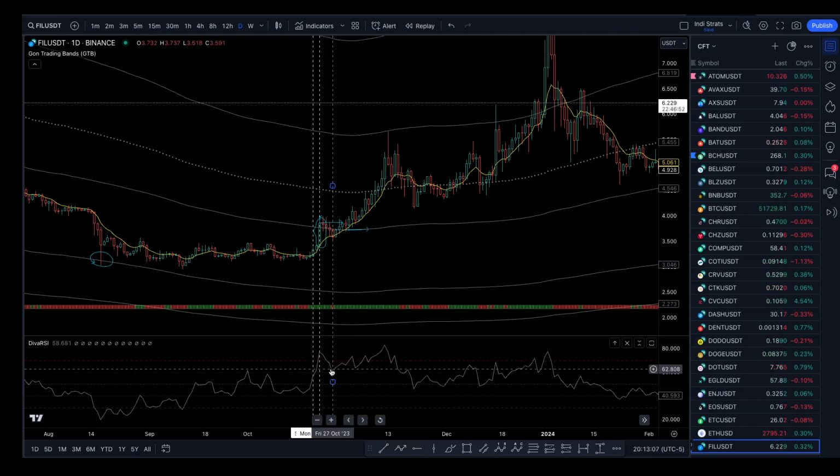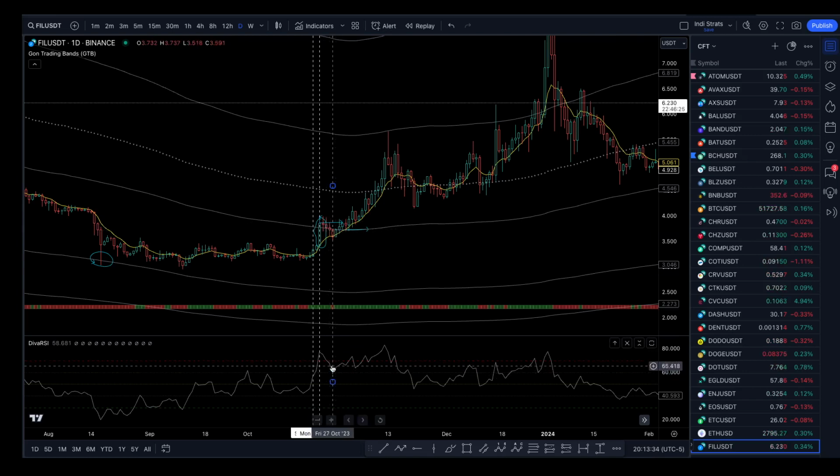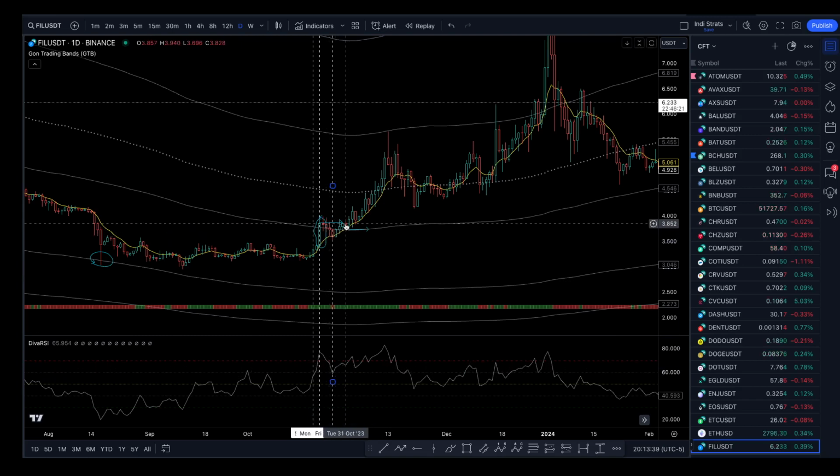It has retested and confirmed 60 support here in confluence with the relative strength line retest. So then you can take a higher conviction entry at this point. It's a higher probability. You may not get that entry, but if you get it, it is the higher probability entry, because you already have confirmation and confluence both from the DivaRSI and the Gon Trading Bands.